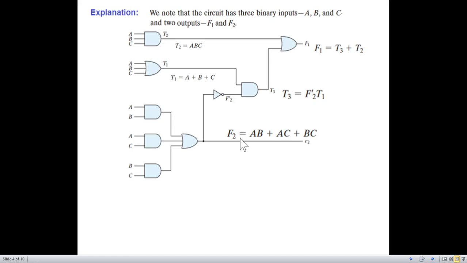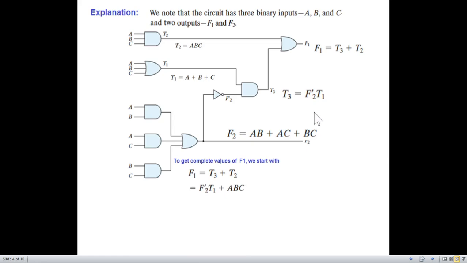So this is the output. But you can see F2 is in terms of the input variables A, B, C, but F1 is not in terms of input variables. So we have to make some calculation to bring this to the shape of ABC. We start from here and plug in the values of T3 and T2.